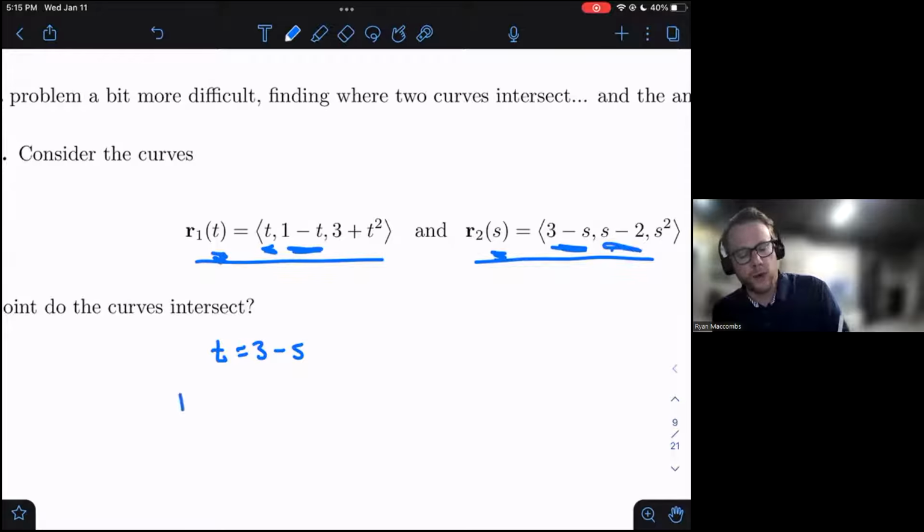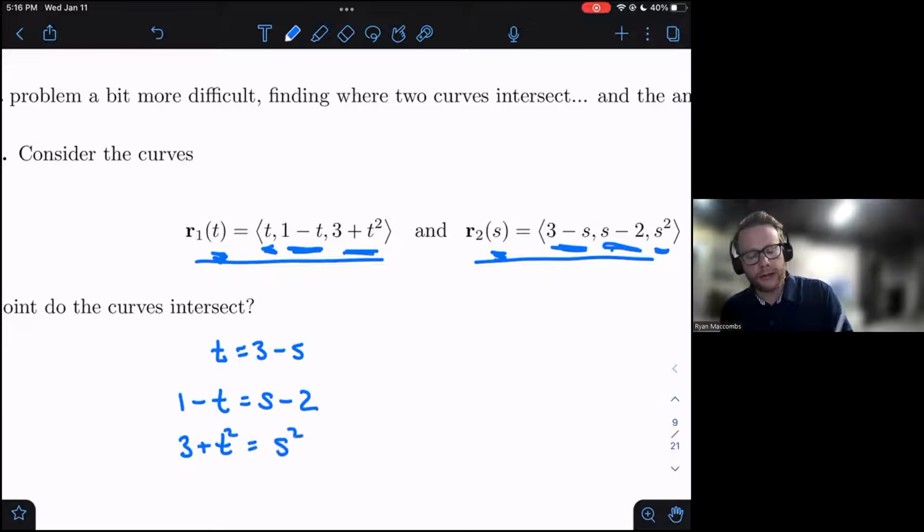So that is 1 minus t should be equal to s minus 2. And then finally, if these two curves are intersecting, we would like the z's to be equal. So that is 3 plus t squared is equal to s squared. And so if these two curves intersect, we really would like all three things to be true.